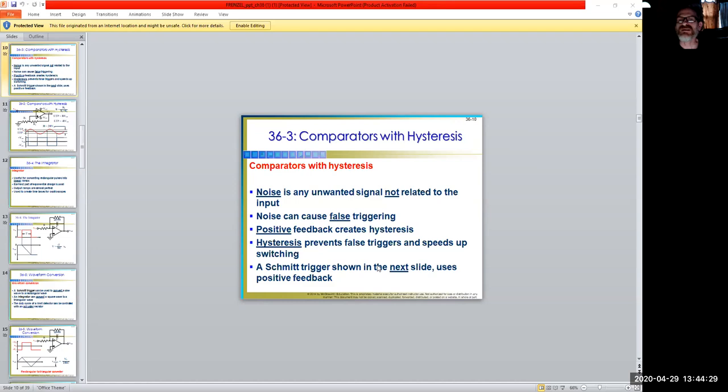So with hysteresis and dealing with comparators, noise is an extremely bad thing because it can interfere with what you have going on. It's a delayed effect, so you might not see it immediately. And that's what he's relating to here, how noise and positive feedback do what they do.